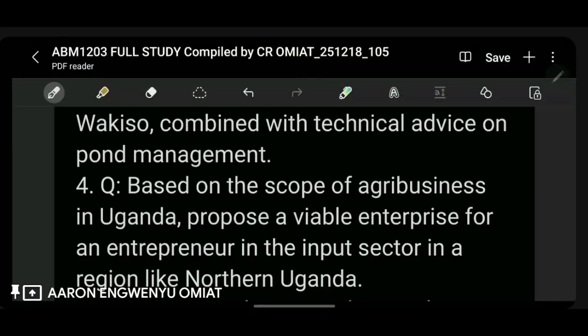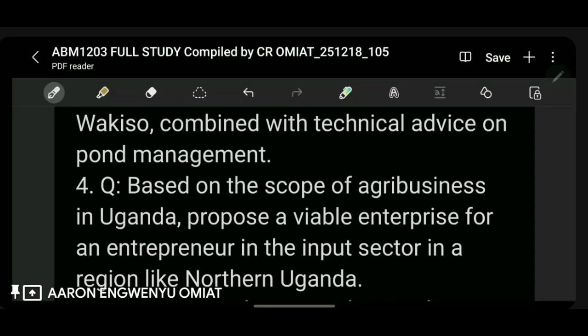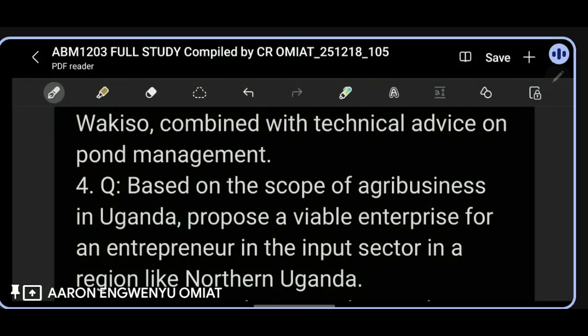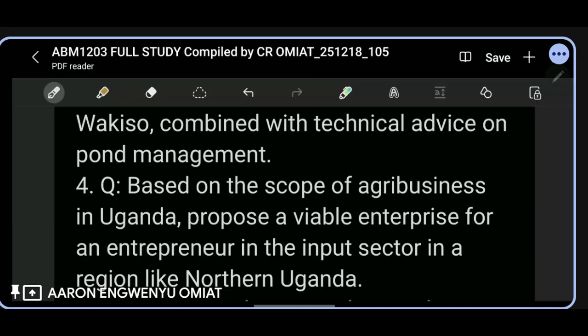Based on the scope of agribusiness in Uganda, propose a viable enterprise for an entrepreneur in the input sector in a region like Northern Uganda.